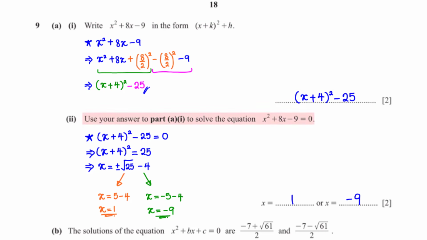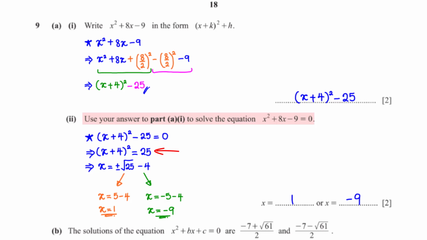Use your answer to part (a)(i) to solve the equation x squared plus 8x minus 9 equals 0. Based on the answer we got in part (a)(i), we can rewrite the equation as x plus 4 squared minus 25 equals 0. When we add 25 to both sides of the equation, this is what we get.